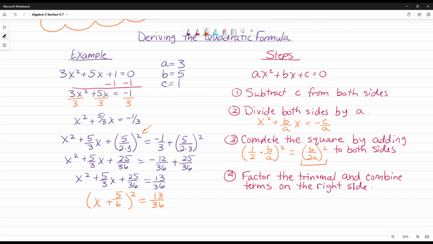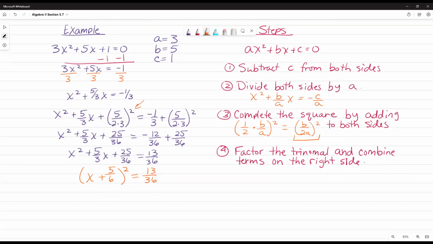All right. So now we have a square term, so we can solve for x. What we're looking at here is, in your book, x plus b over 2a squared equals negative 4ac plus b squared divided by 4a squared.